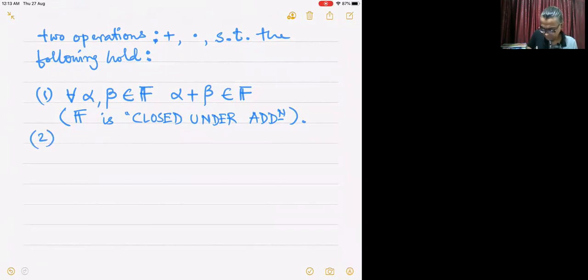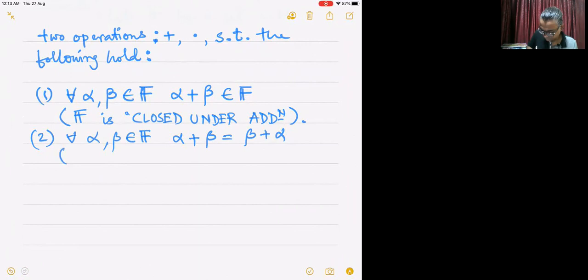Number 2, it must be commutative. So for all alpha, beta in the field, alpha plus beta is equal to beta plus alpha.